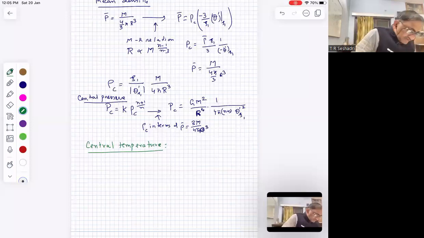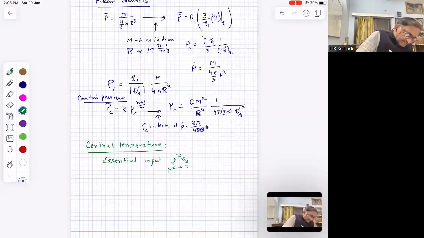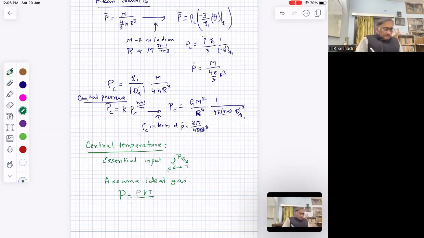Now, if you want to calculate the central temperature, an essential input is the relationship between pressure, density, and T. Suppose I assume an ideal gas. Then P will be equal to rho into K into T divided by what?